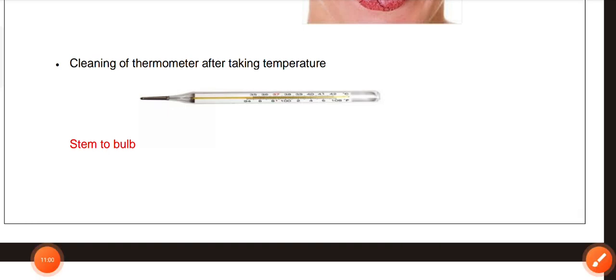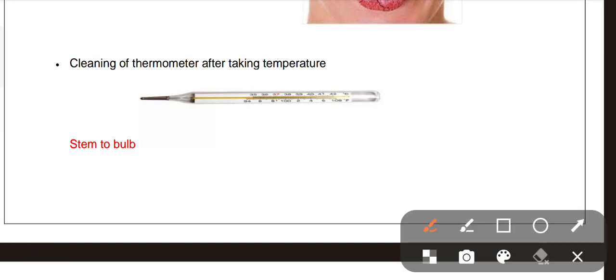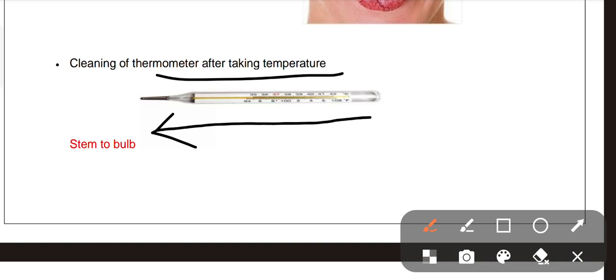So after taking the temperature, clean from stem to bulb, and before taking the temperature, clean the thermometer from bulb to stem.